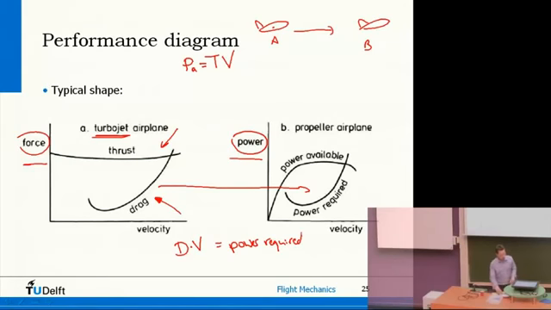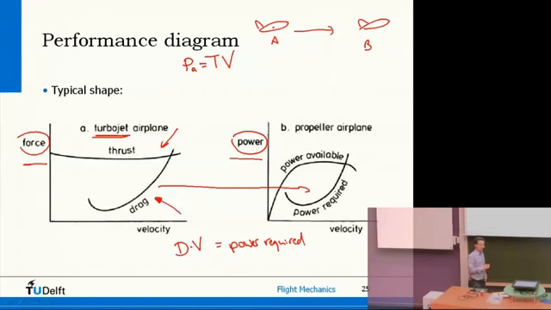So then if you would draw it as a function of power, so power versus airspeed, all you do is take this aerodynamic drag curve multiplied with airspeed. Then it gets tilted a little bit, but you get a curve with more or less the same shape on the right hand side.